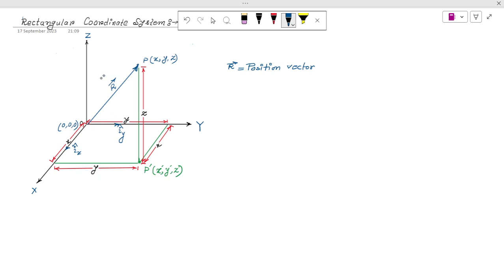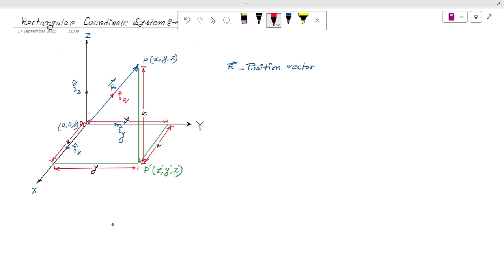Clear? And along the z direction it is Iz. You must be clear about this. Similarly, along the r vector there will be some notation of the unit vector. You can consider along the r direction, this is IR.